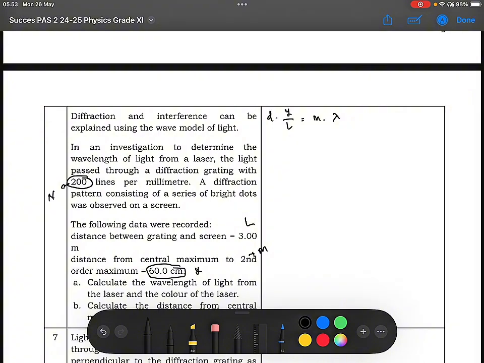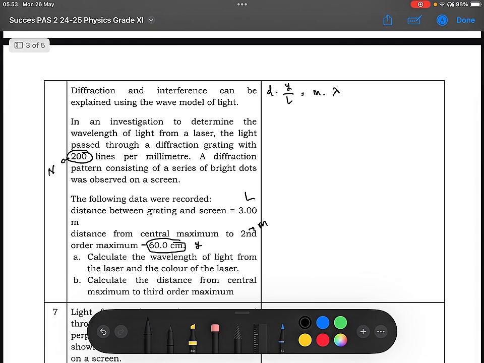Before you substitute the data in the formula, you can change the units. I think it is easy for you. So you can change all the units to nanometer.